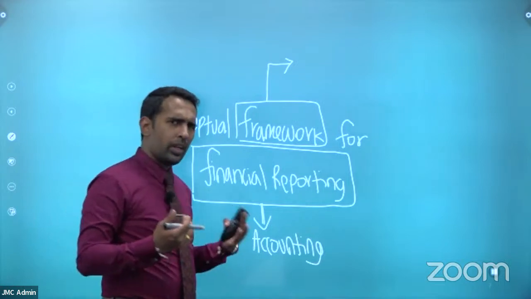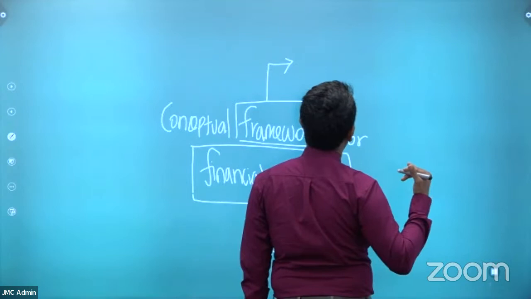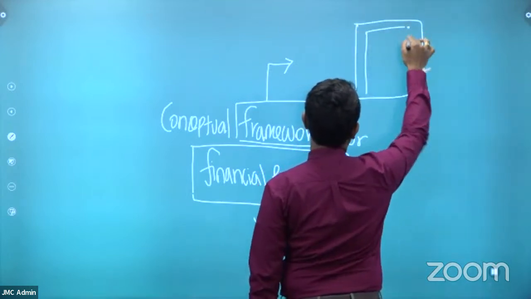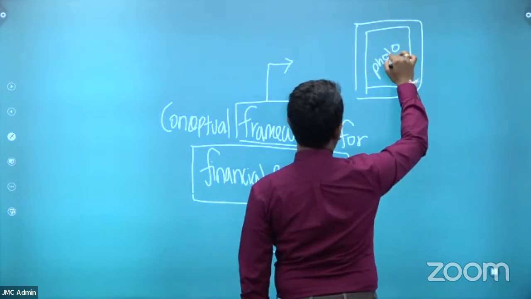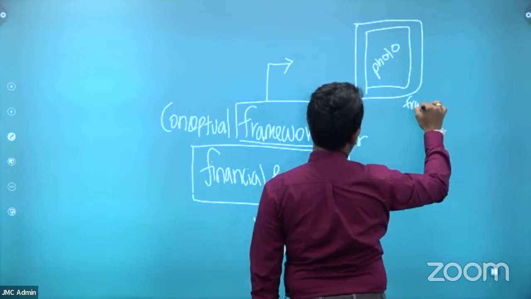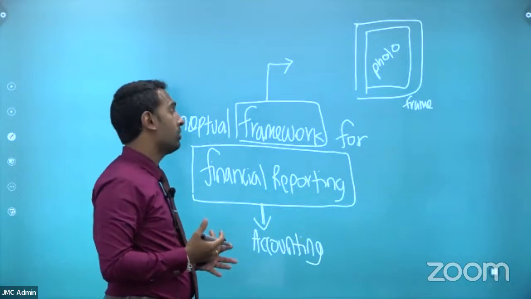Now, if you take the basic idea, when you hear the word frame, you might think about a photo frame. So we have the photo, and covering it, we have the frame.